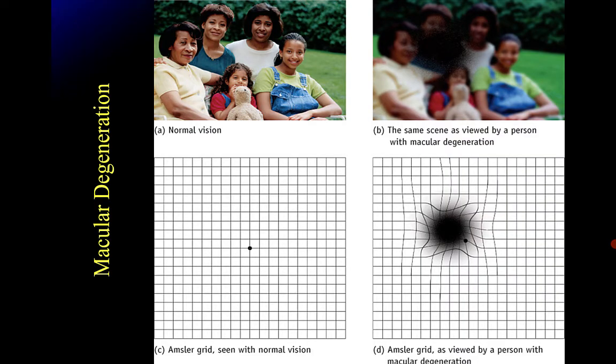Now, one thing we want to think about when we think about the macula lutea is macular degeneration. And this would be where we have a form of blindness starting, in this case, at the macula lutea, which of course is the area that light hits when we're looking at an object. So you can see that for a person with macular degeneration, they actually have a hole in the central part of their vision.